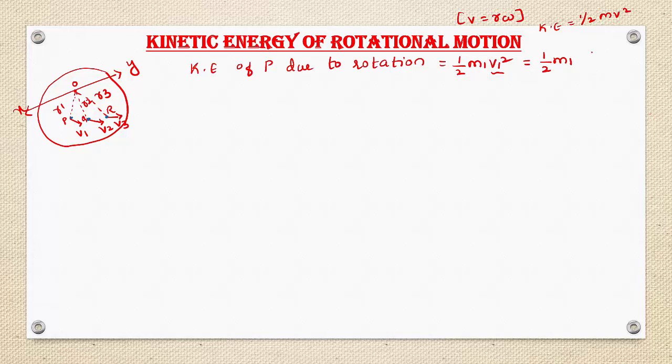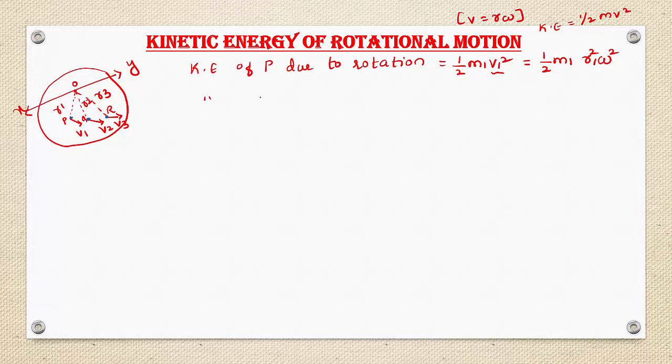In place of v1, I am going to write r1, because r1 is the position of the first particle. And omega is the same for all the particles here because it is rotational motion. So r1 omega whole square, or simply r1 square omega square. So the equation we got is half m1 r1 square omega square.